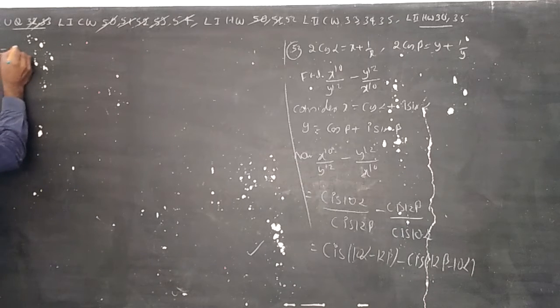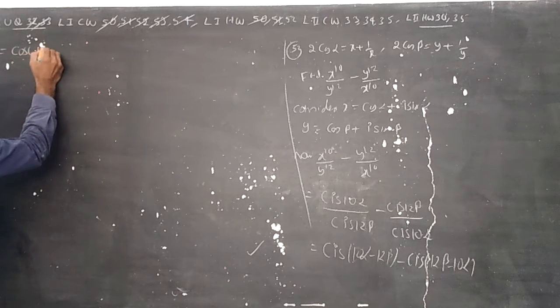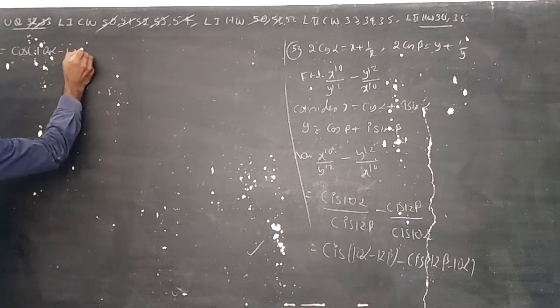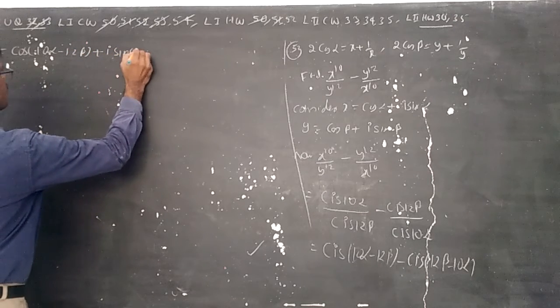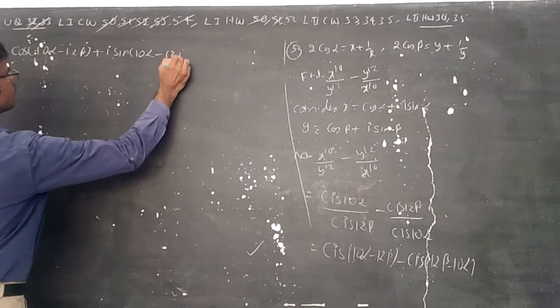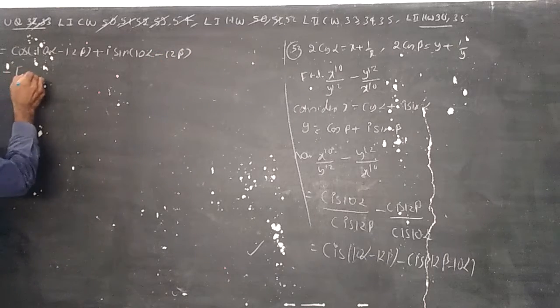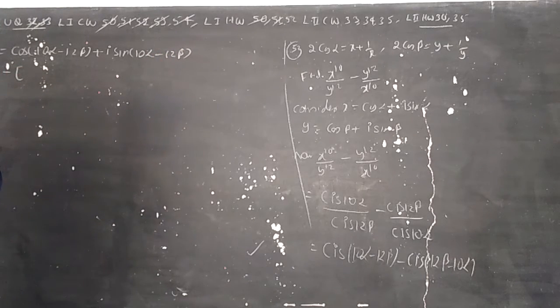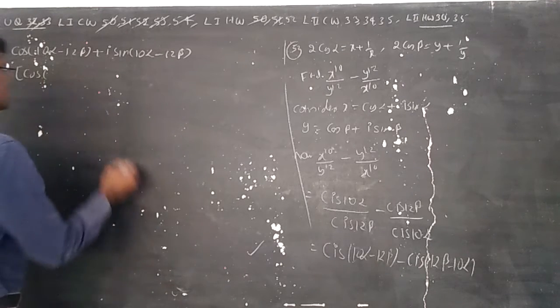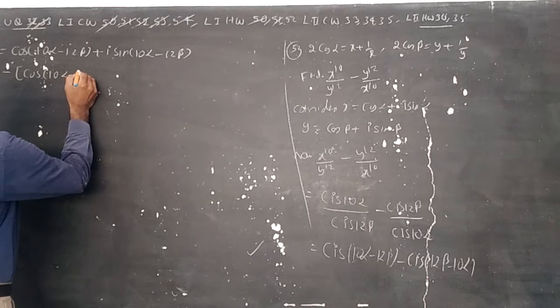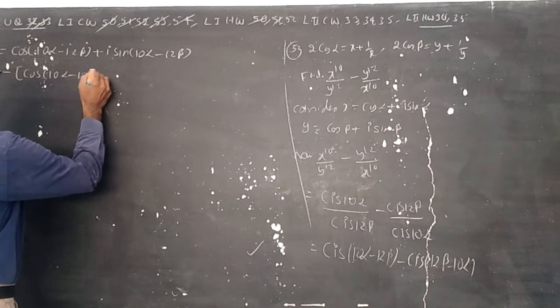That is equal to cos of 10 alpha minus 12 beta plus i sin of 10 alpha minus 12 beta, minus of cos of 12 beta minus 10 alpha. Of course, it can be written as cos of 10 alpha minus 12 beta.